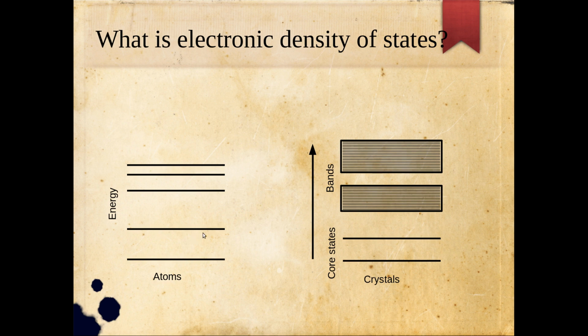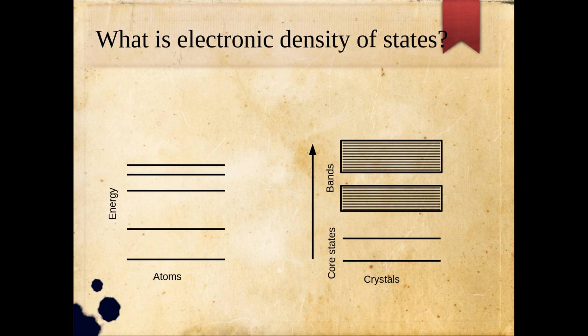For example, for the hydrogen atom you have energies given by minus 13.6 over n squared, meaning the energy is a function of n, the principal quantum number. As you head on to more and more complicated atoms, you may find that energy is not just a function of n, but it may also vary with L and M and S. For magnetic atoms you may have spin dependence as well.